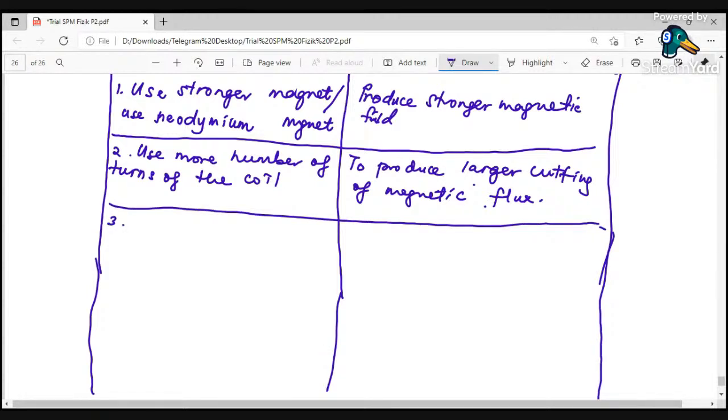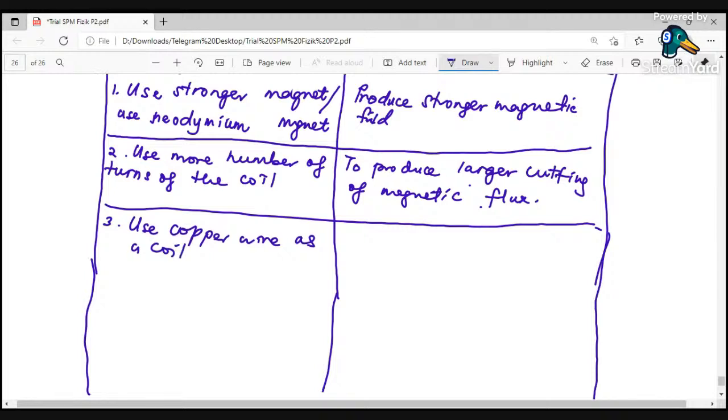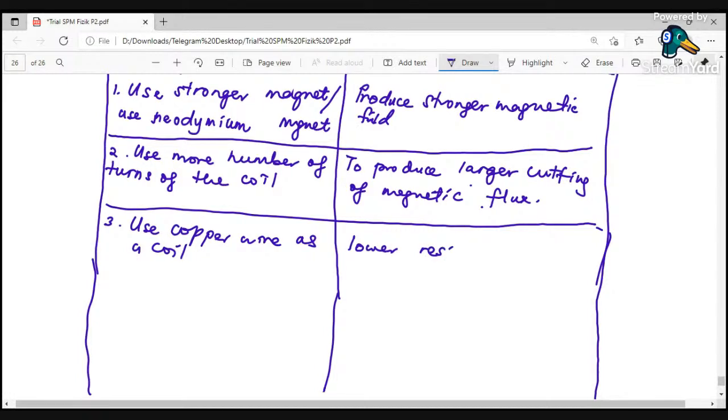Use copper wire as the coil. Why do we choose copper wire? Because copper wire has low resistance. So when resistance is low, the current produced is larger. From the formula, I and R are inversely proportional.